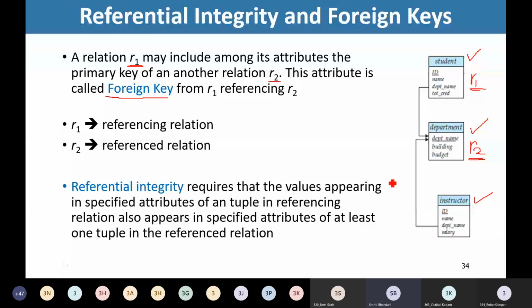And this concept of foreign keys is very important to maintain referential integrity, which is one of the integrity constraints. So foreign keys are actually meant for providing this referential integrity constraint. So what do we mean by that? Referential integrity constraint.